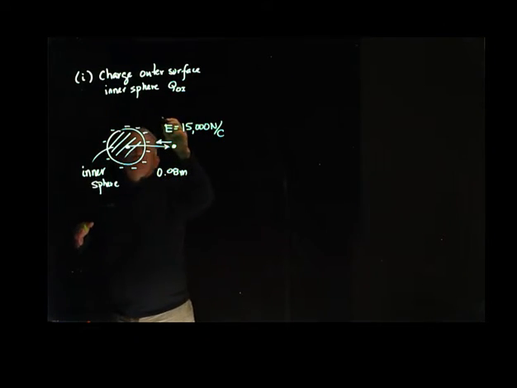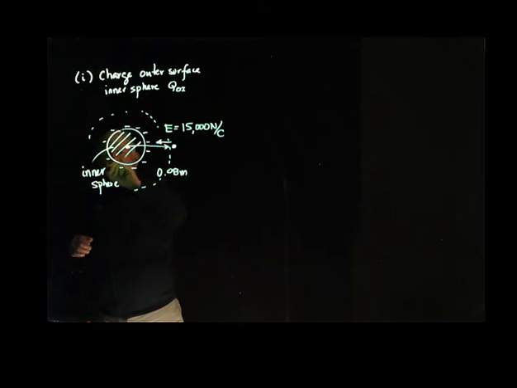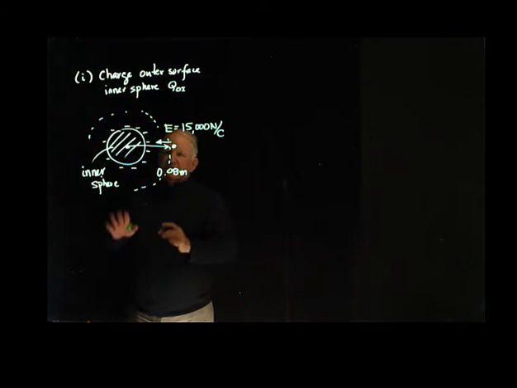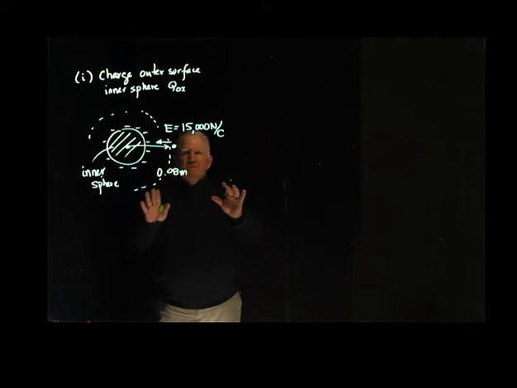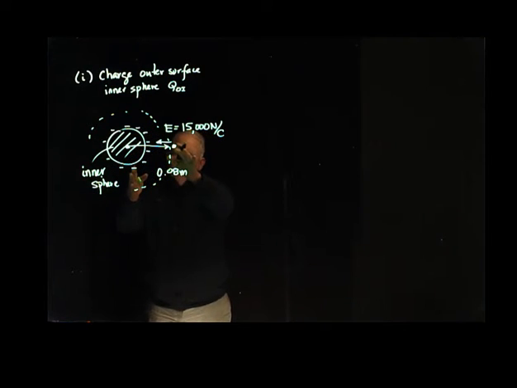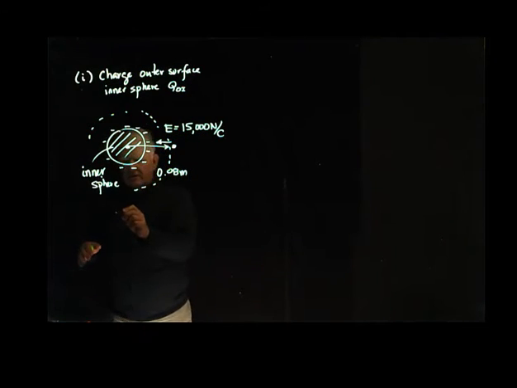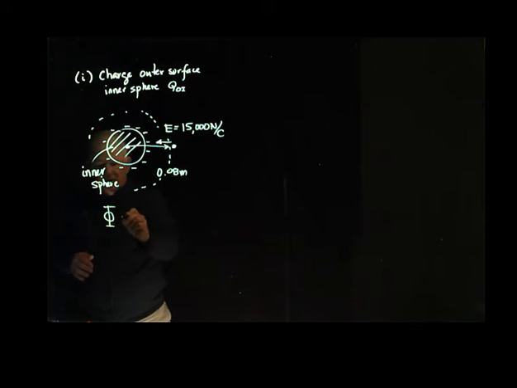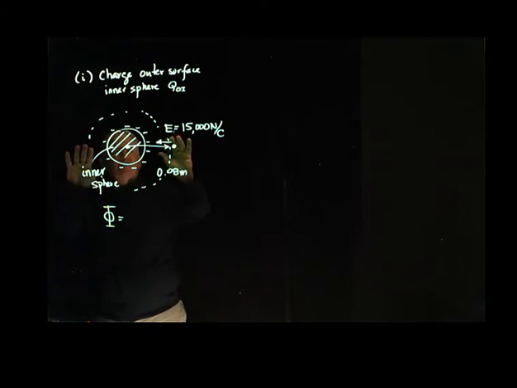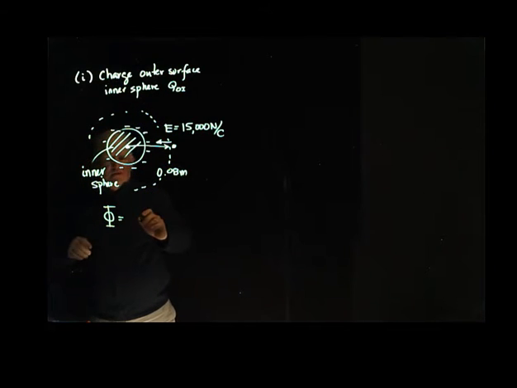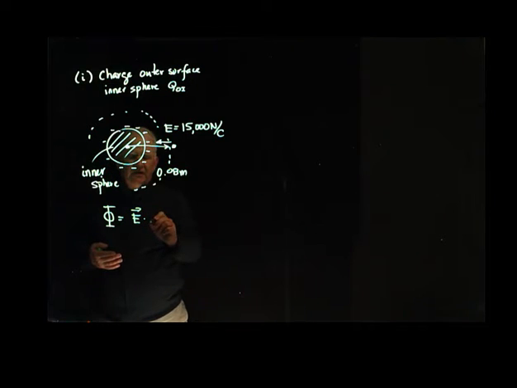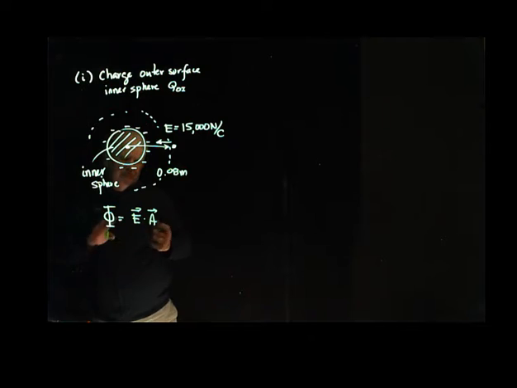What we do is we create our own Gaussian surface, and it's very important that that Gaussian surface first and foremost be a sphere. And you'll see why it's important in just a second. It's a sphere, and it goes through this point. All right, so Gauss's law says that the total flux of electric field going across that Gaussian surface is just equal to the integral of E dot dA.